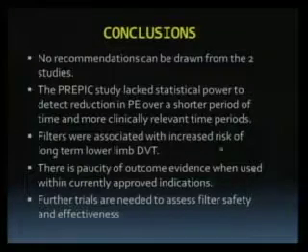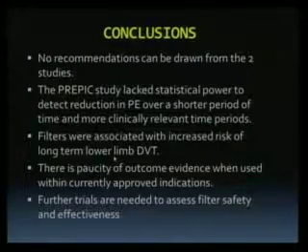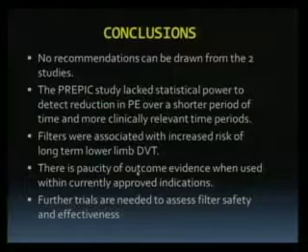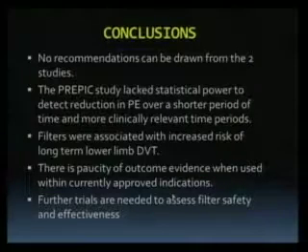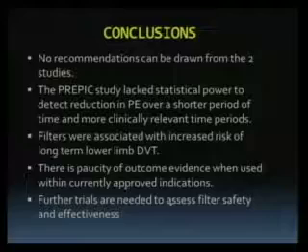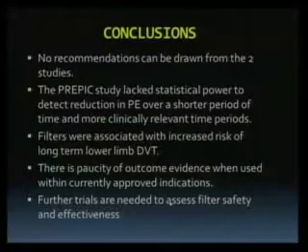Filters were associated with increased risk of long-term lower limb DVT. There's positive outcome evidence when used within currently approved indications. It was just general indication. It was not subsidized to the different indications that we use. And therefore, further trials are needed to assess safety in the different subsets.